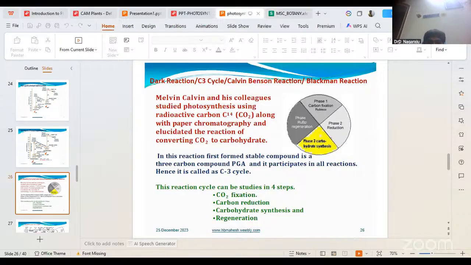Here see phosphoenol pyruvic acid. Phosphoenol pyruvic acid is the primary carbon dioxide acceptor.